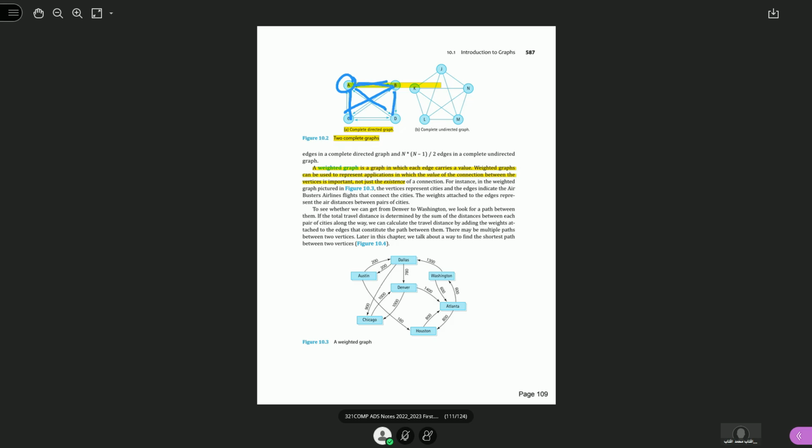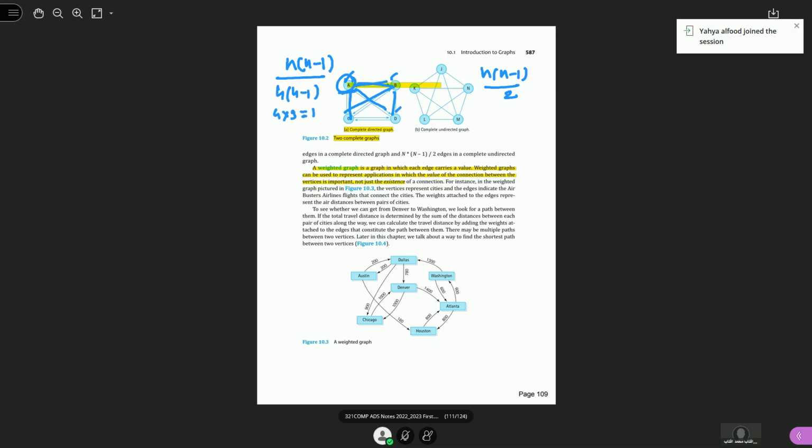So if the graph is a directed graph, the number of edges will be n into n minus 1. If the graph is undirected, then the edges will be n into n minus 1 by 2. You can check, where n is the number of vertices. For example, here total number is 2, 4, 6, 8, 10, 12. You can count here. 4 is the number of vertices. 1, 2, 3, 4. So 4 into 4 minus 1, that is 4 into 3, that is 12.